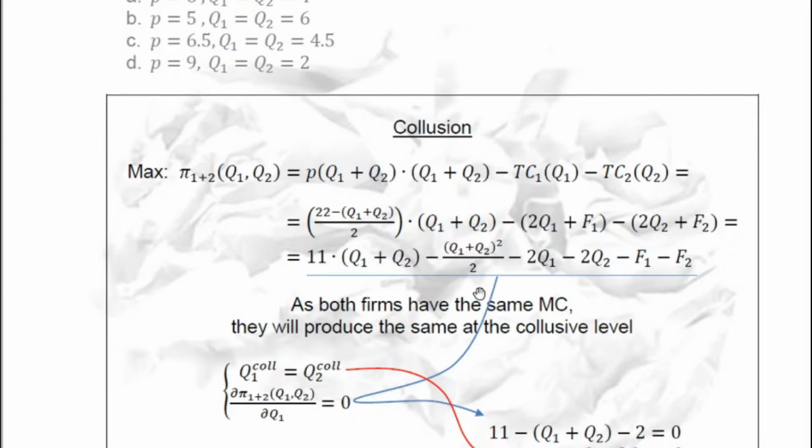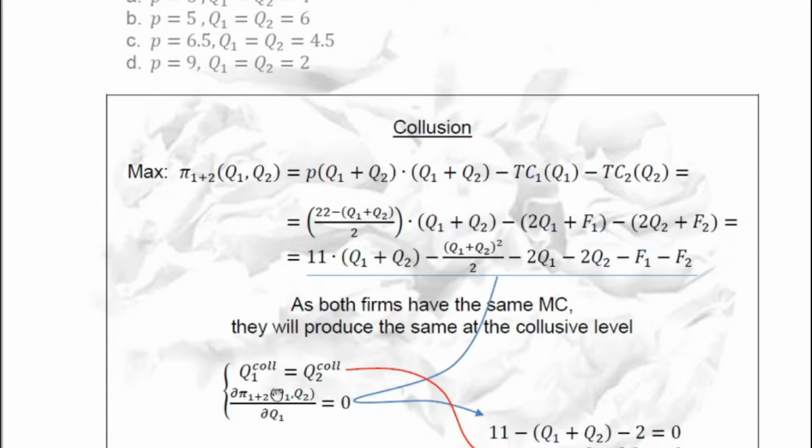Well, be careful here. If you differentiate with respect to Q1 and Q2 and equal it to 0, you will find the same equation twice. Okay? Then you will need to remember that both firms are exactly the same, well, except the fixed cost, but they don't play any role here.